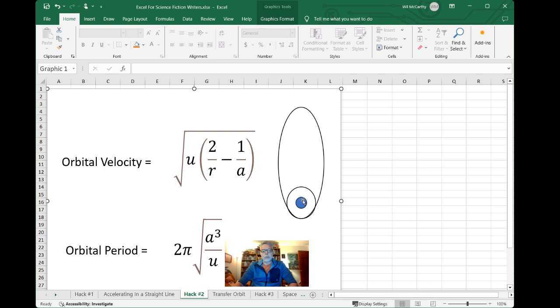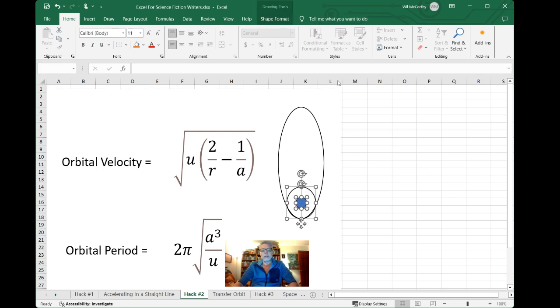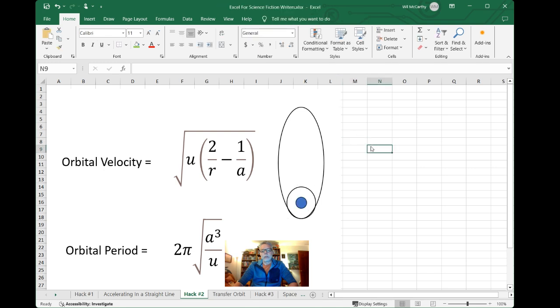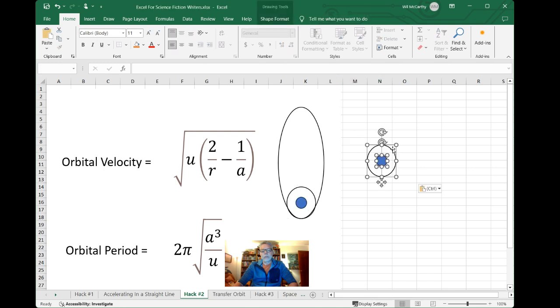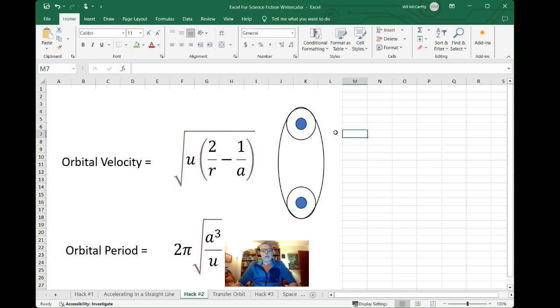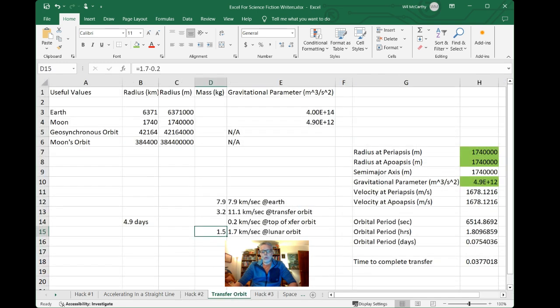So we can draw that here. We'll just copy these. Just like that. So that's where we're circularizing our orbit when we get there. And that's how we model a transfer orbit.